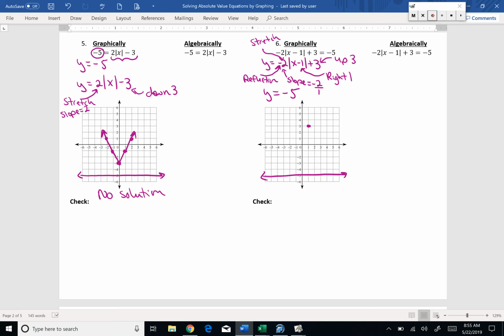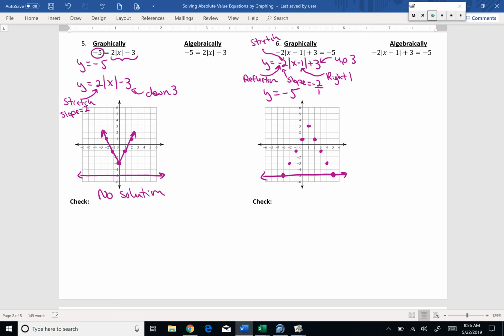Then I use my slope. And I know some of you are thinking, oh, Miss Golly, I don't think they're going to meet. Sure they are. This one has a reflection. It's a negative slope. So we're going to go down 2 and right 1. Down 2 and right 1. It's going to take us a little longer to get there. Our 2 are a little bit further apart here.